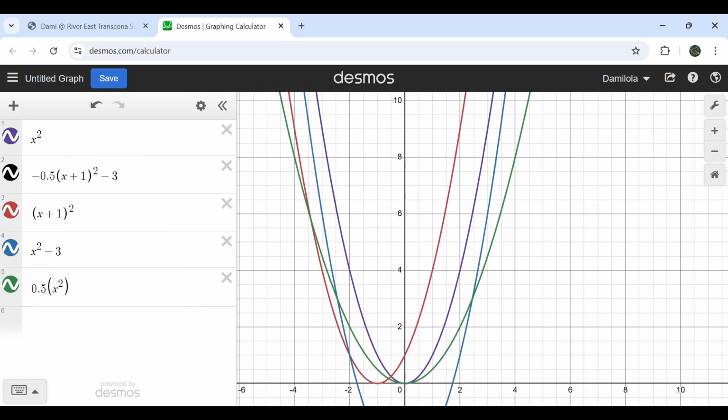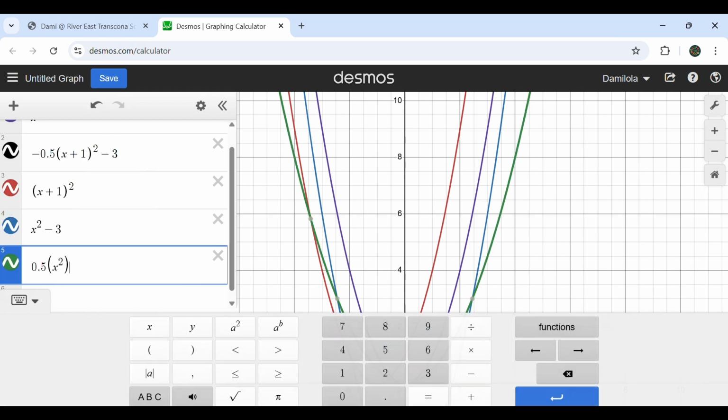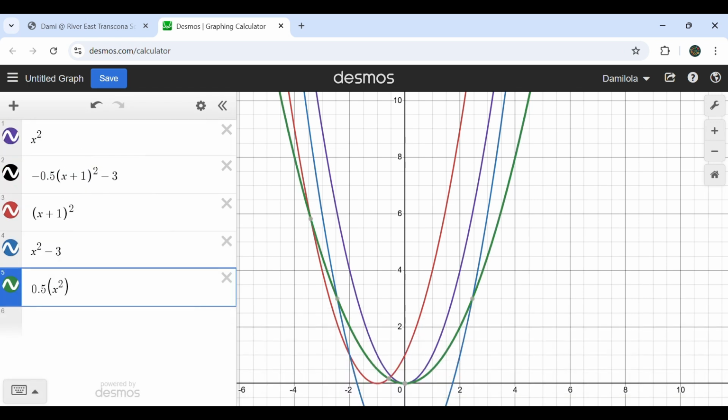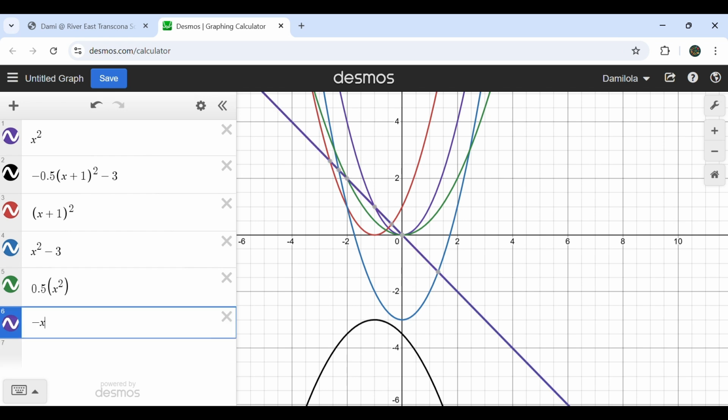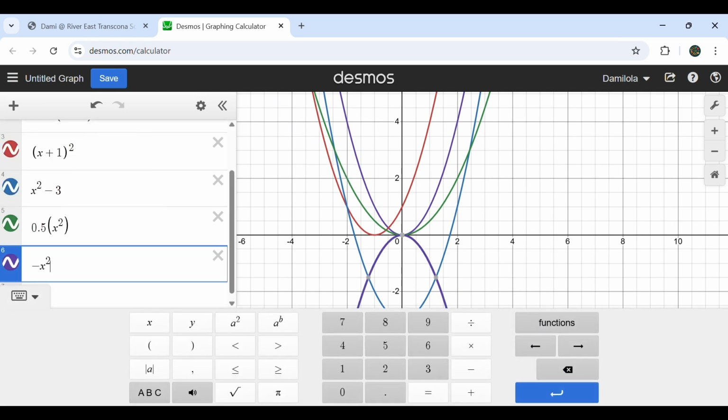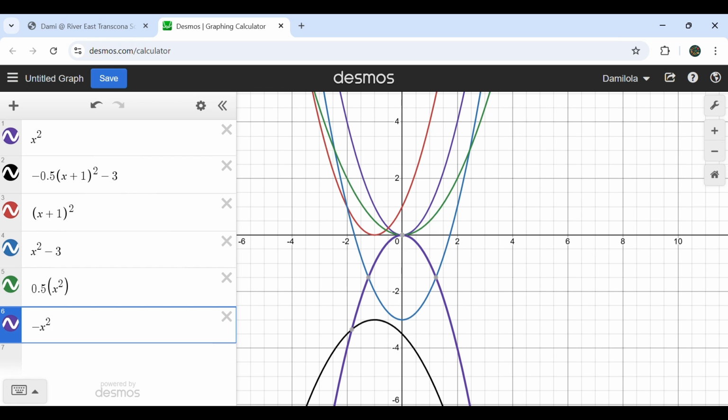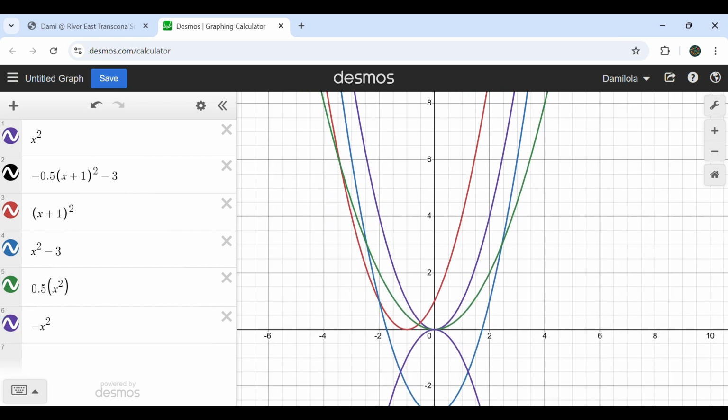Then 0.5 x squared. We see it double in size, and this actually creates a better picture of what happened. Oh, negative x squared. Yep, this creates a better picture of what happened. It's a little bit jumbled right now, but let's do it one by one.